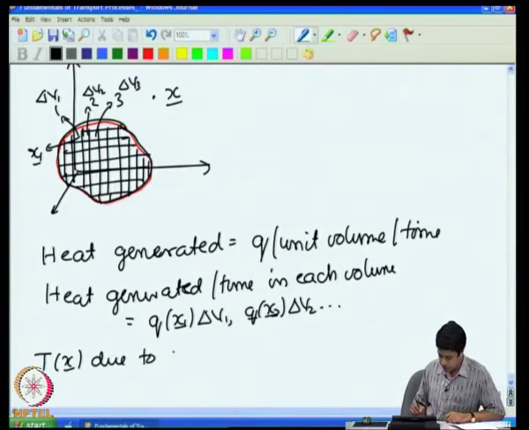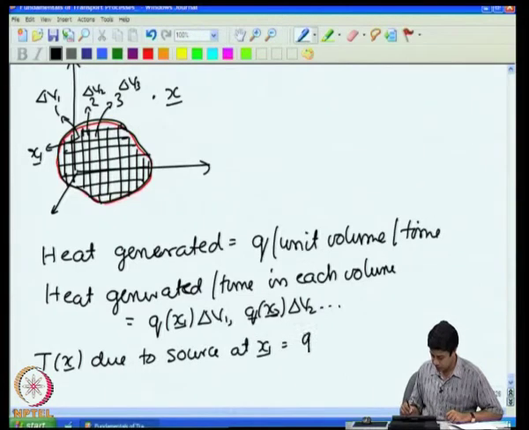What is the temperature at x due to the source at x 1? It will be equal to Q at x 1 delta V 1 by 4 pi k times the distance x minus x 1.